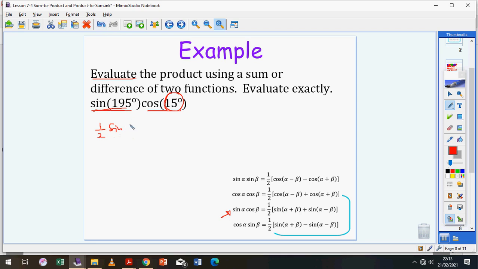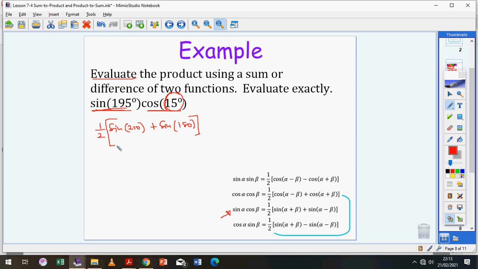Sum of the angles 195 plus 15 is 210 plus sine difference of the angles 195 minus 15 is 180. Is that sine or cosine? It's sine. 180. Sine, yeah.